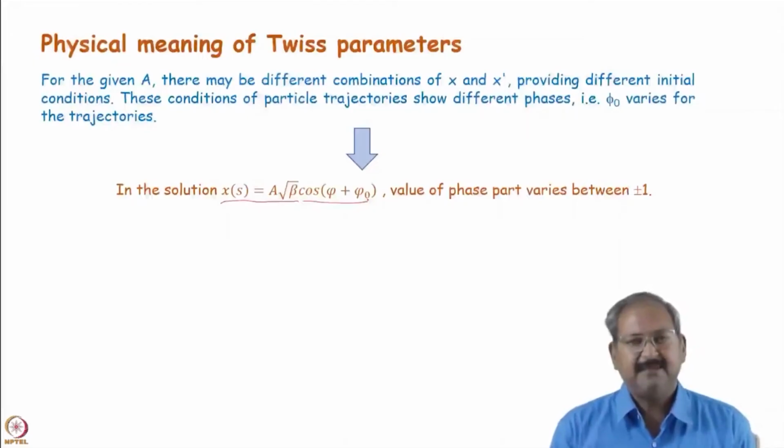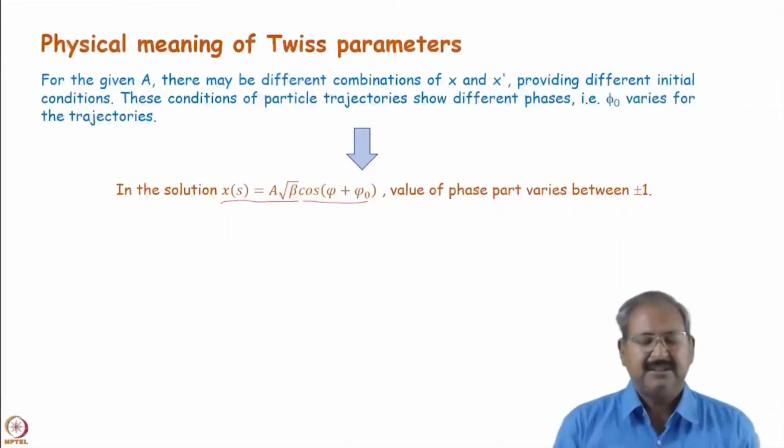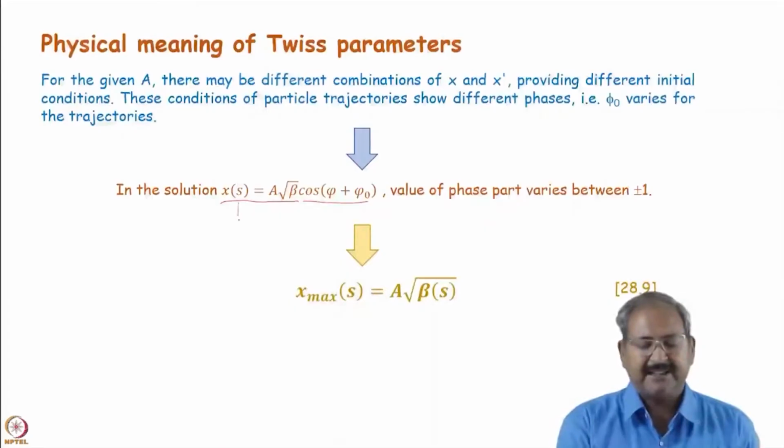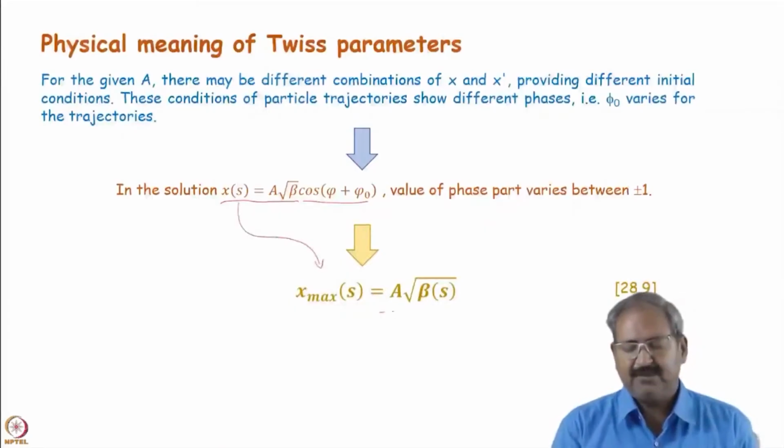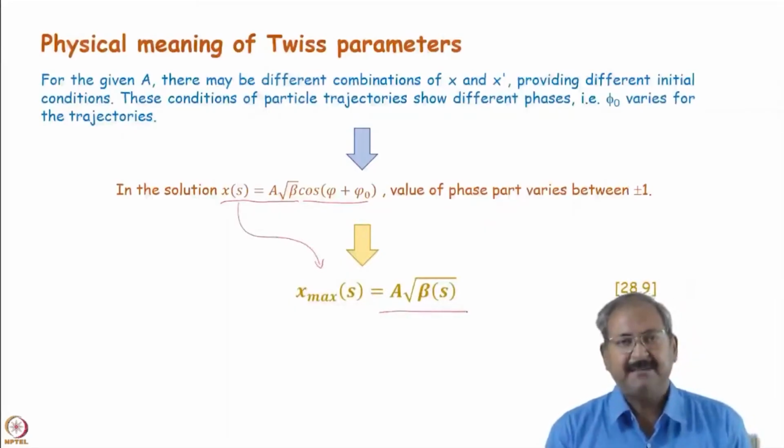So the maximum value of this x is a root beta. Maximum value of x means maximum value of displacement at a particular location S during the exhibition of betatron oscillation by the particle.